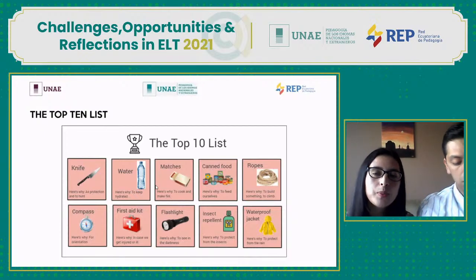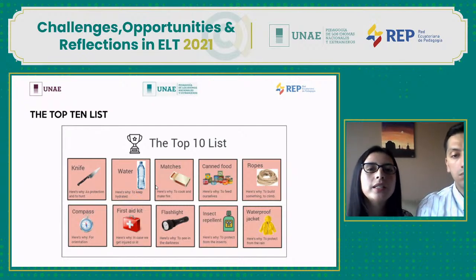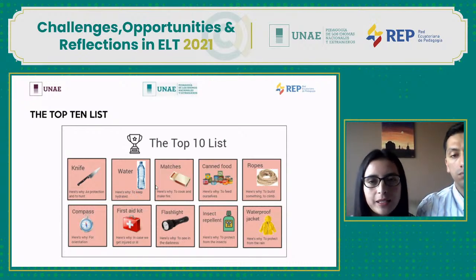So students were grouped together, they worked in groups, and they started to discuss which are the 10 most important items they will need in order to survive in the jungle. So this is one example of one group, and they have chosen knife, water, matches, ropes, and the activity doesn't end there.